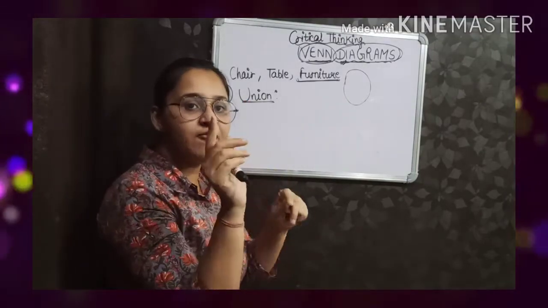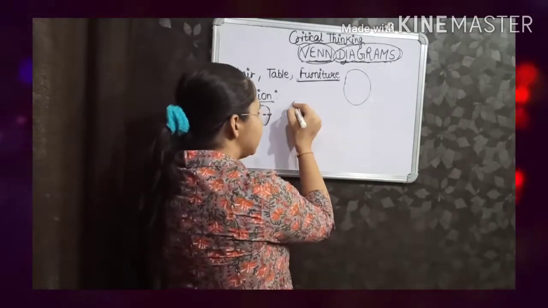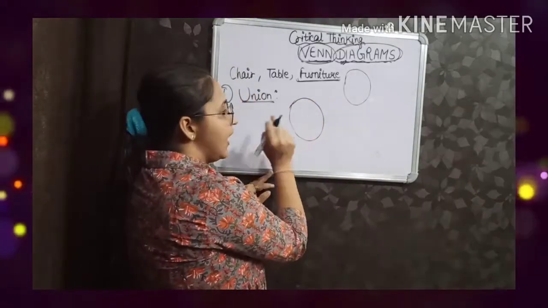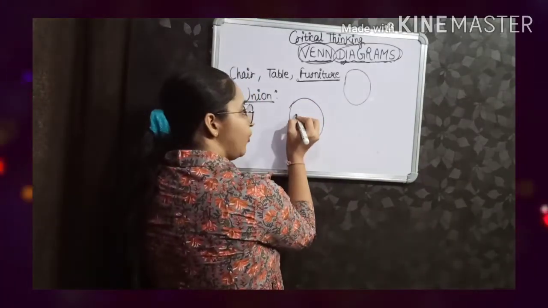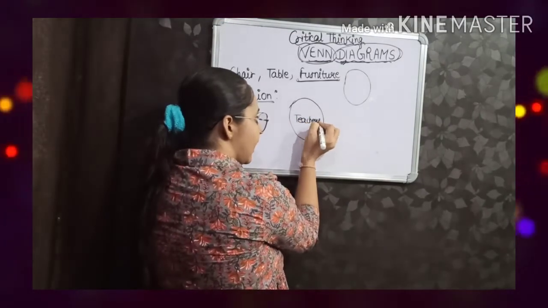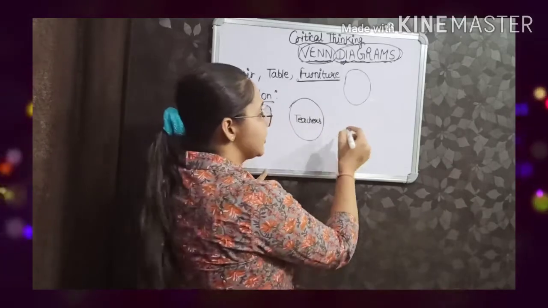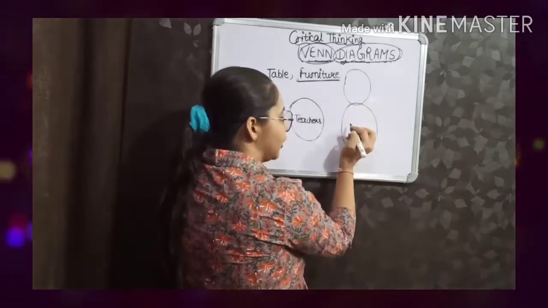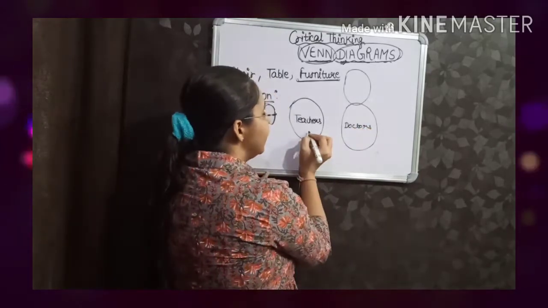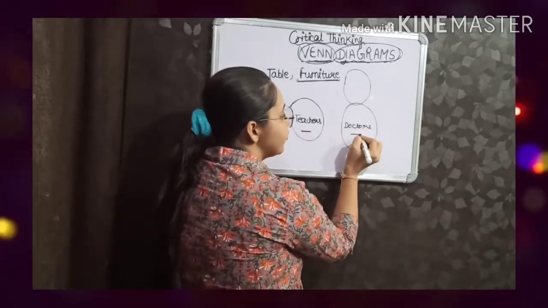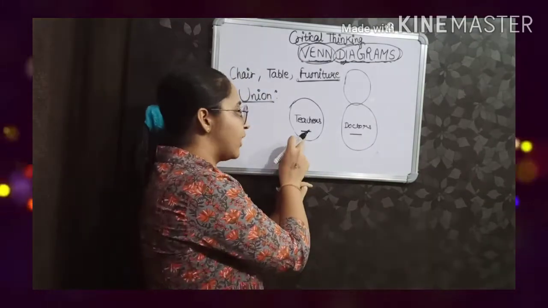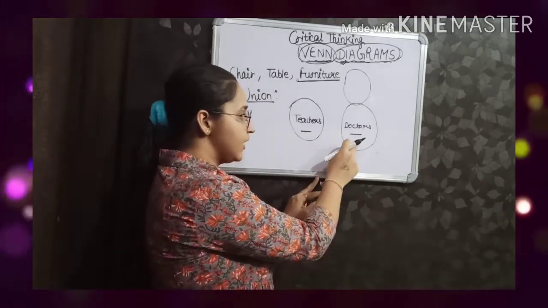For example, I have one collection that I will represent by a diagram, as a group of teachers. And I have one collection as a group of doctors. These are two types of groups, one of teachers and one of doctors.